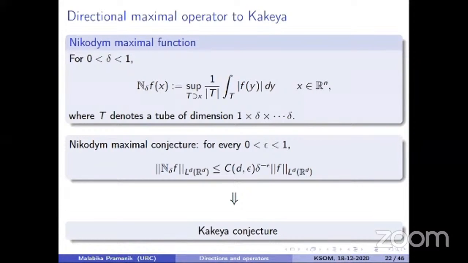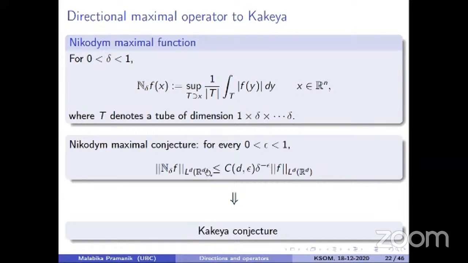Let us consider a close relative of the maximal directional average, namely the Nikodym maximal function. This is the supremum of f over all tubes of unit length and cross-sectional width delta.